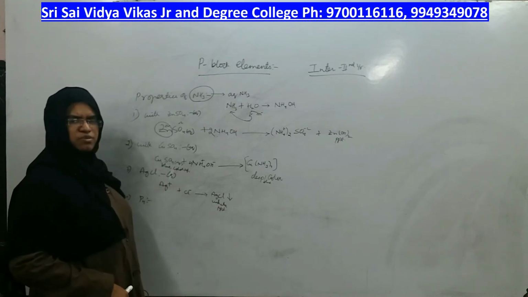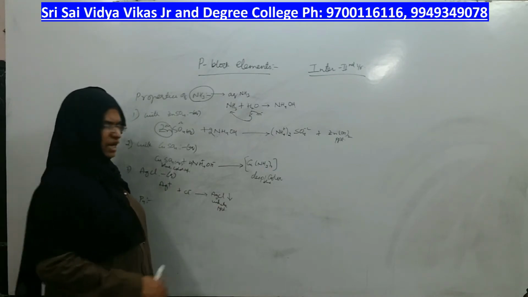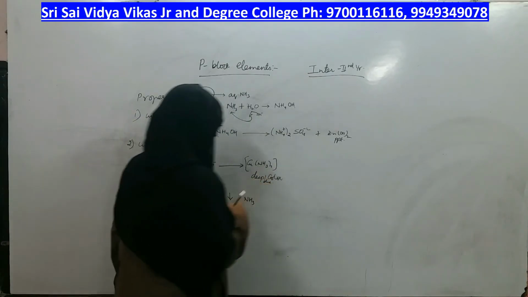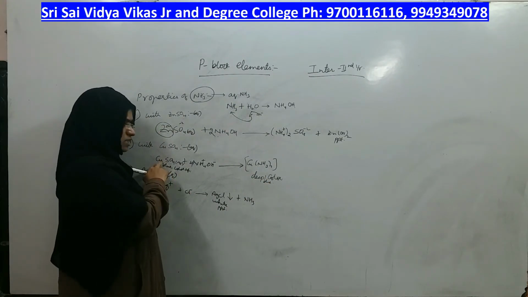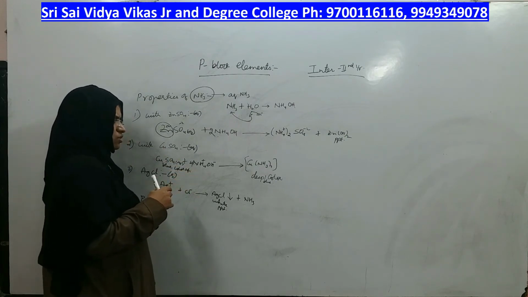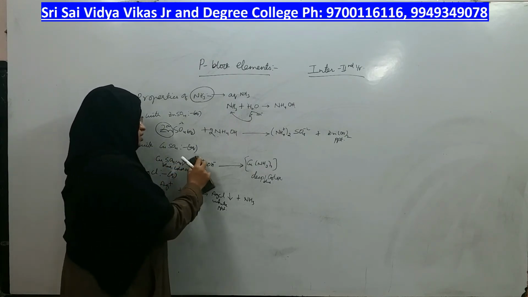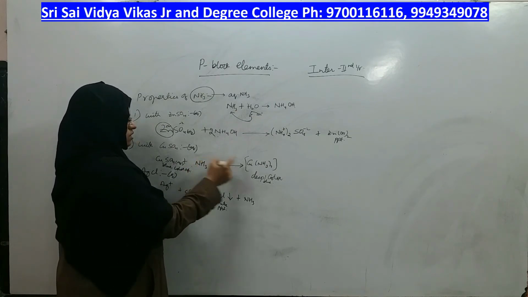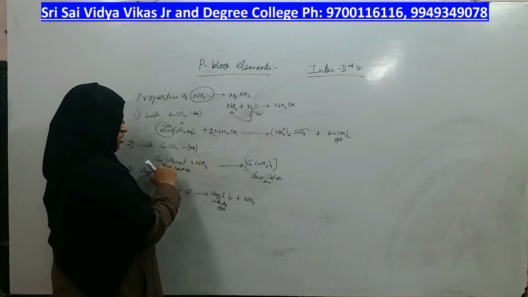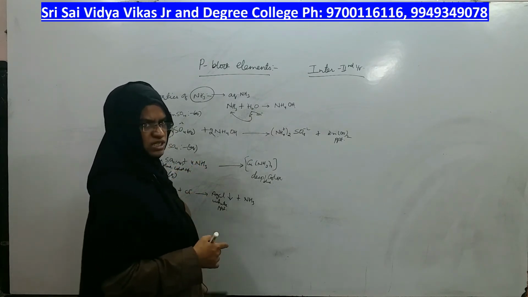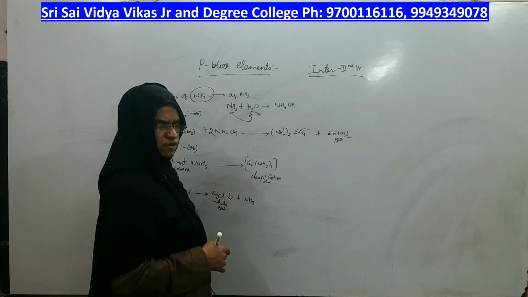To that white precipitate, if you add ammonia, and here metal is present and its complex is formed, that means you cannot take aqueous ammonia, you should take just normal ammonia only. How many? 4 ammonias with copper. Same way with silver also you should take just NH3, not NH4OH, right?